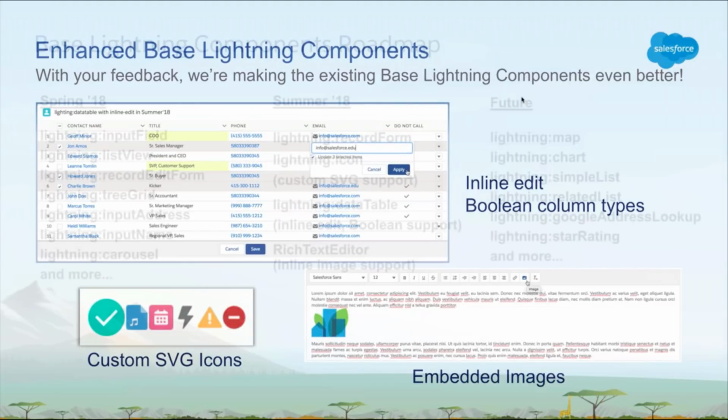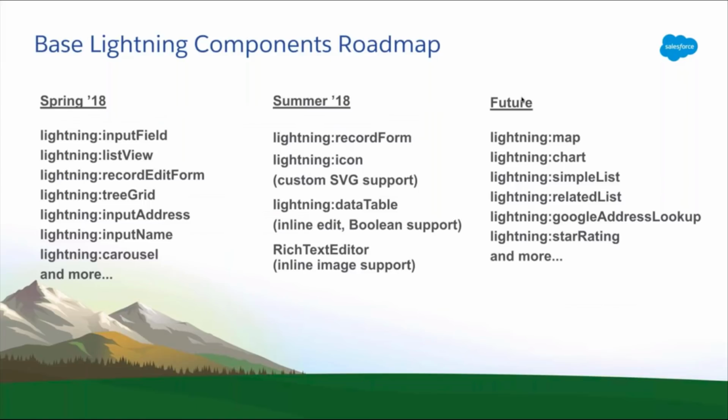As I mentioned, in the spring release, we delivered a lot of new components. In the summer release, there was only that one new one. It's called Lightning Record Form. I'll talk about that here in just a moment. But again, we also added support for new features inside of existing components.